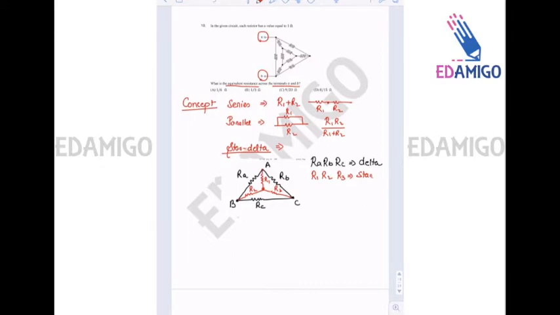Generally the requirement is to convert from delta to star or from star to delta. So if we want to solve this question, then first of all we have to convert these three resistances, which are forming a delta, into a star. Then only the question can be solved. So we have to convert delta to star.